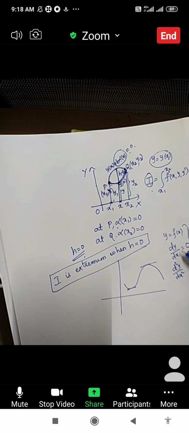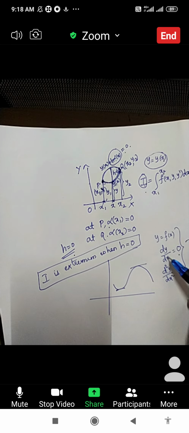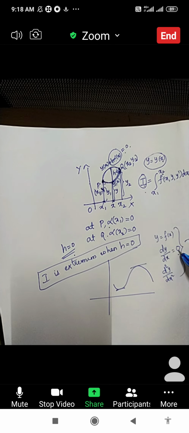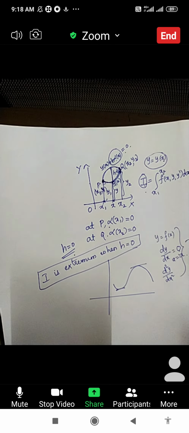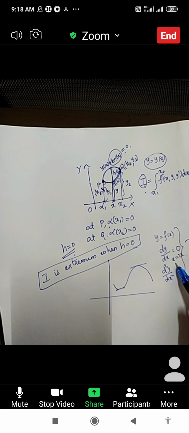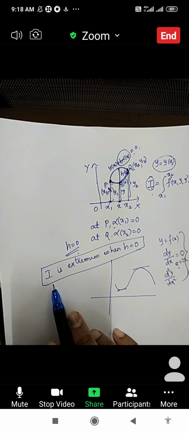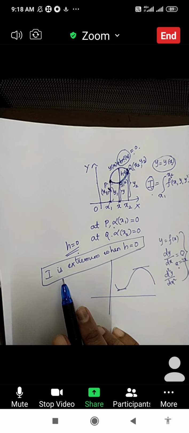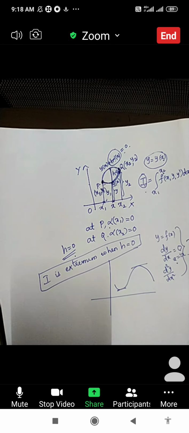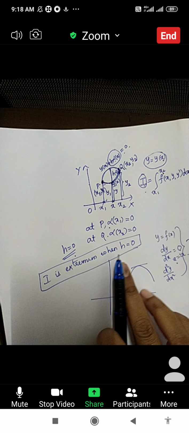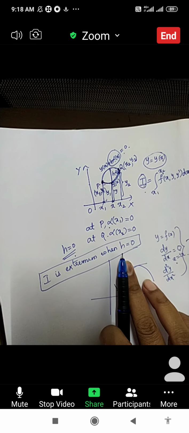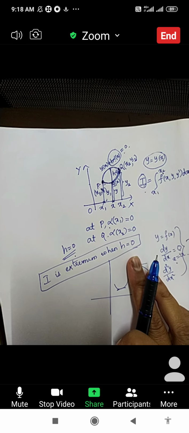I explained last time what a critical point is: when you differentiate, the first order derivative to 0, you get one point, the value of x. Then that is called a critical point. Similarly, we are getting a condition that I is extremum when h equals 0. Agree? Is this point clear?